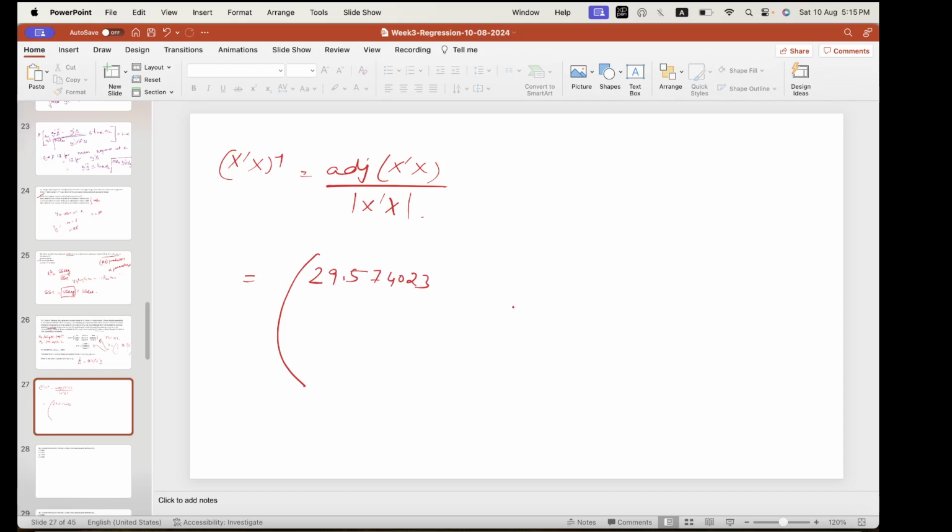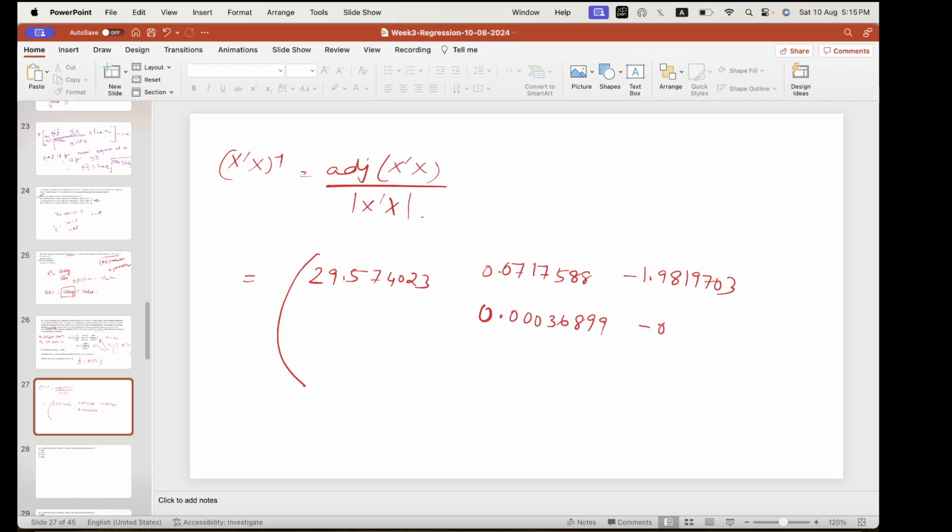X prime x inverse would be 29.574023. This would be 0.717588. This would be minus 1.981973. This would be 0.0003689.